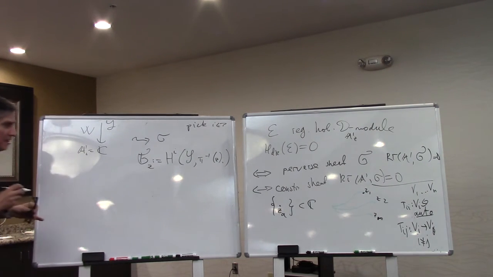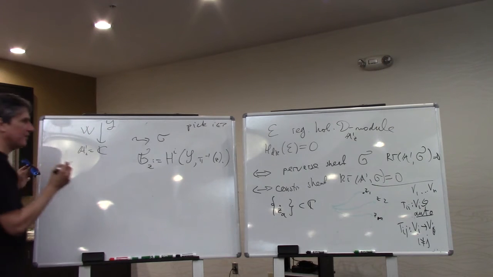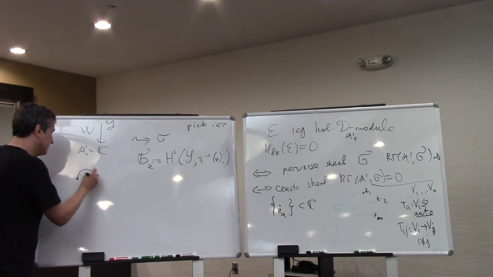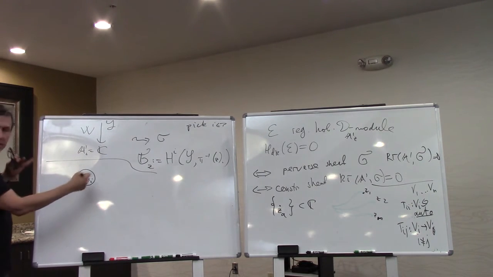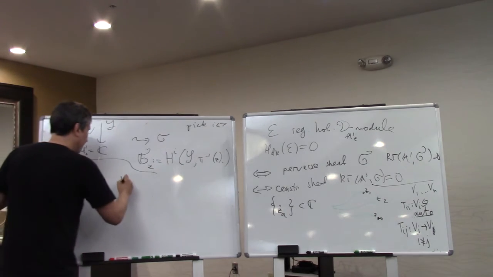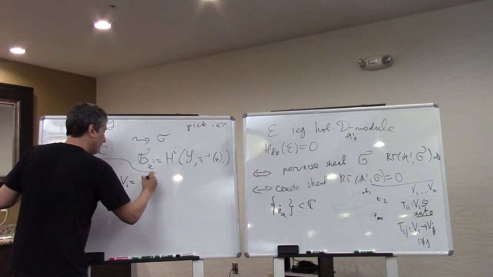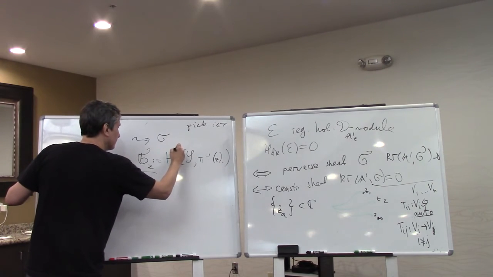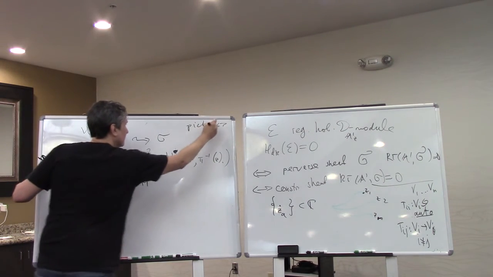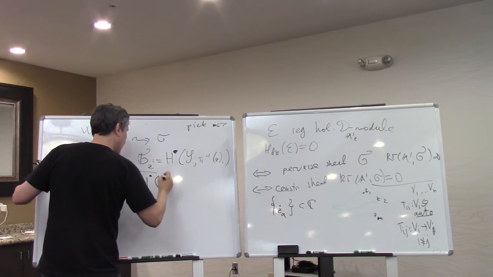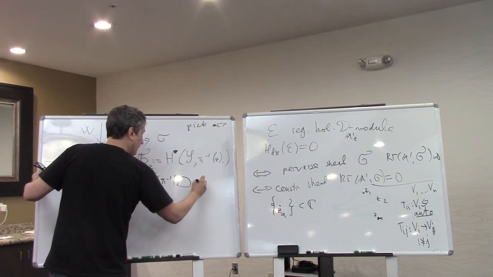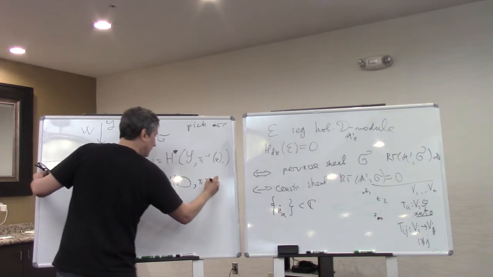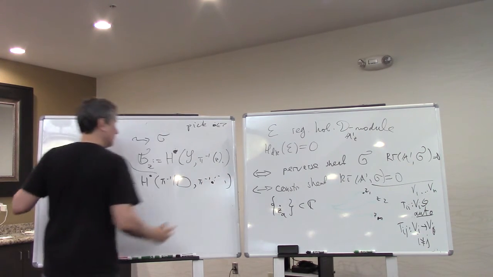And now, what is, for example, the space V_i? You consider the following thing. You consider disks around the z_i, and V_i will be the cohomology of the pair, namely the preimage of the disk and the preimage of a boundary point on the disk.